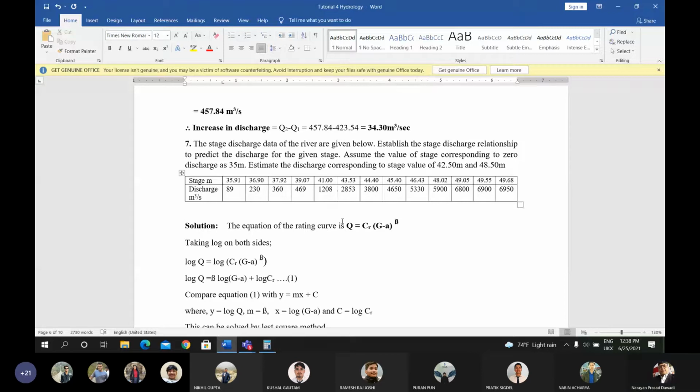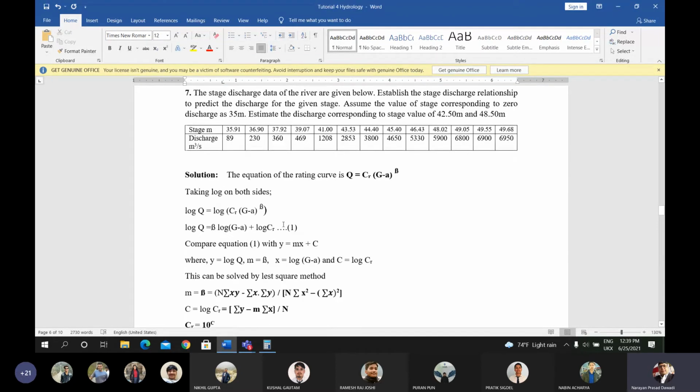We know the equation of the rating curve: Q is equal to CR (G minus A) power beta. Taking log on both sides, you will get log Q is equal to beta log (G minus A) plus log CR.